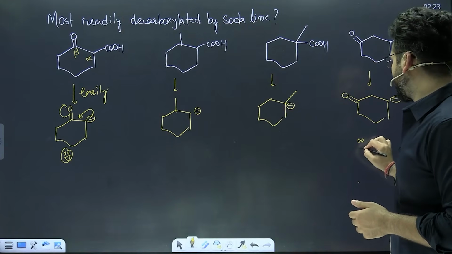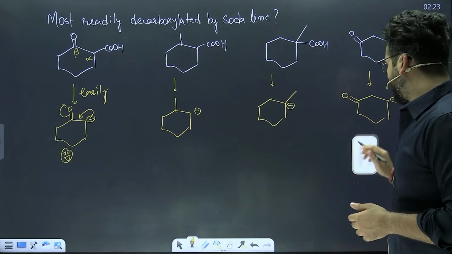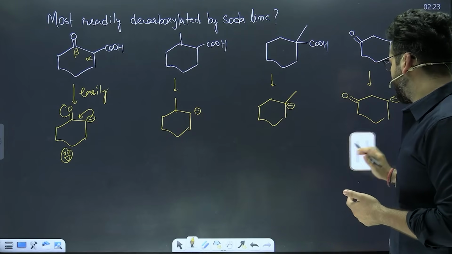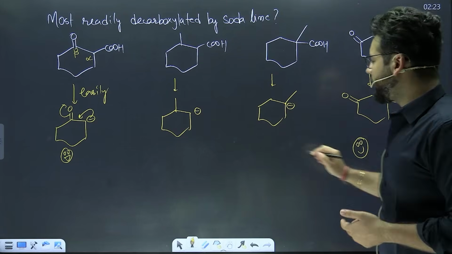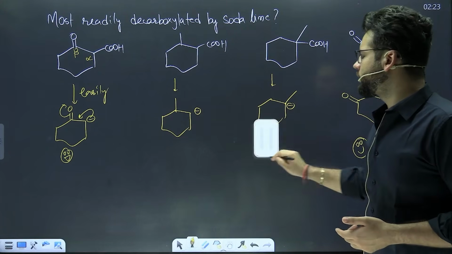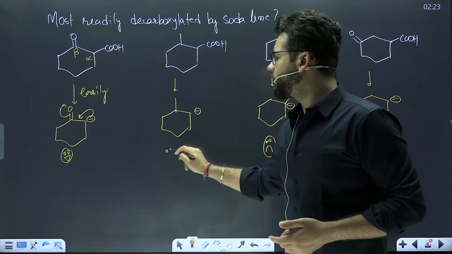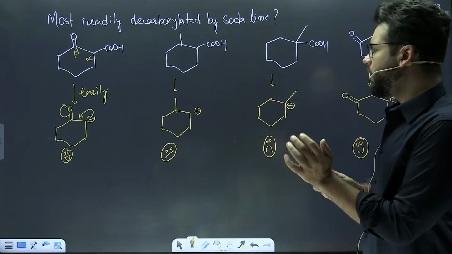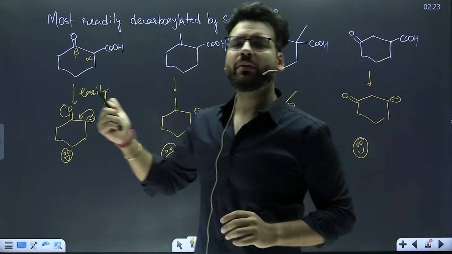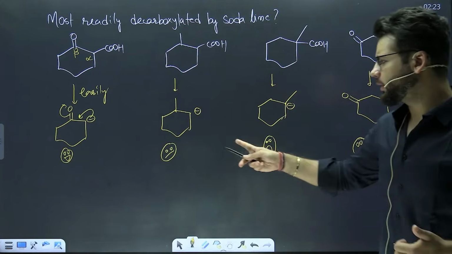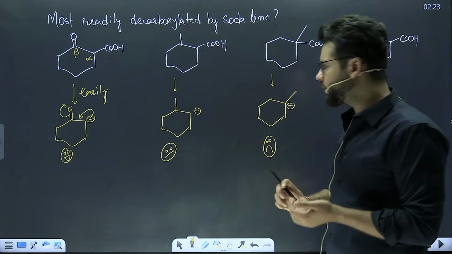Last one also maybe a little better than the second and third. And then this third would be the worst. Slowest rate will be for the third. And this one will be somewhere in the middle. So the order would be A will be most readily decarboxylated, then D, then B, and then C. This type of question can be asked.